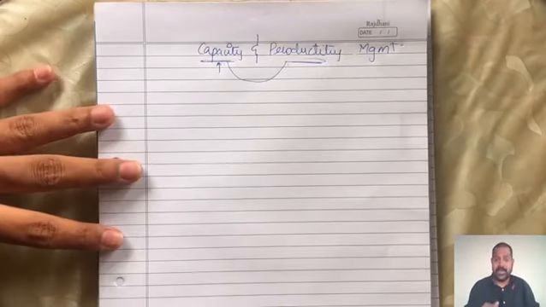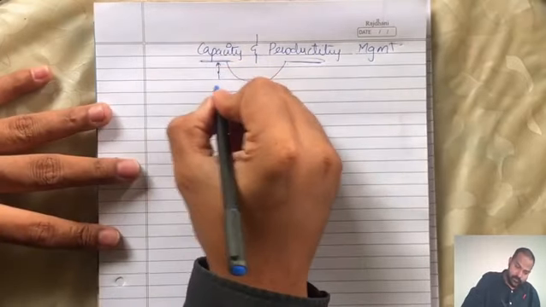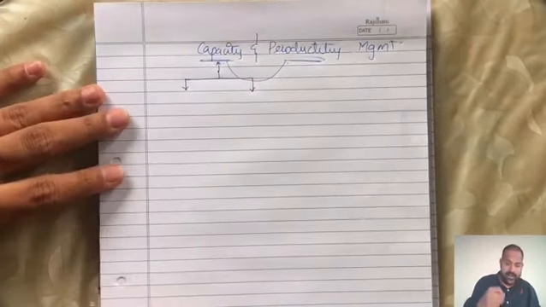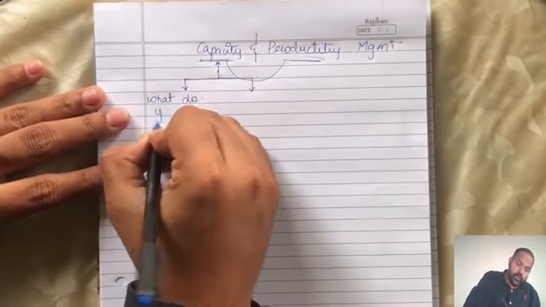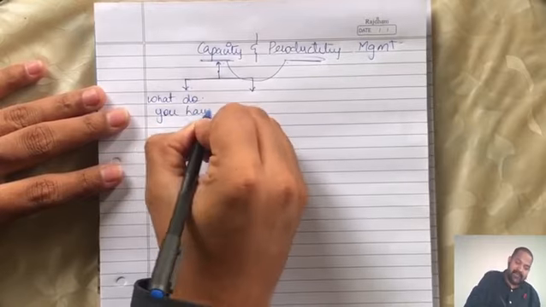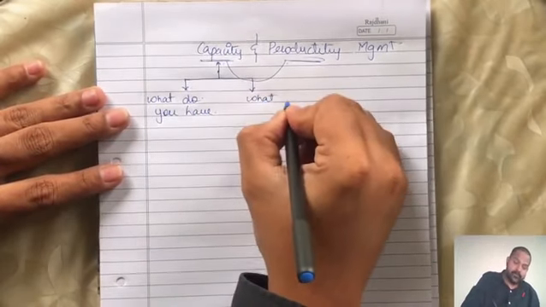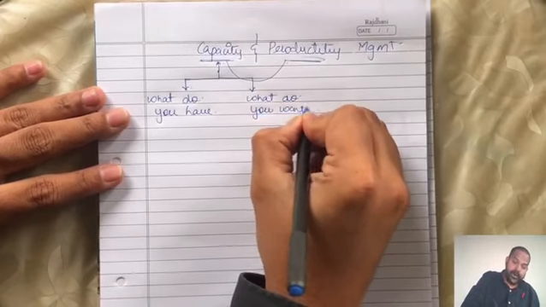So capacity, according to me, can be looked at in two ways. One is, what do you have? And the other is, what do you want?